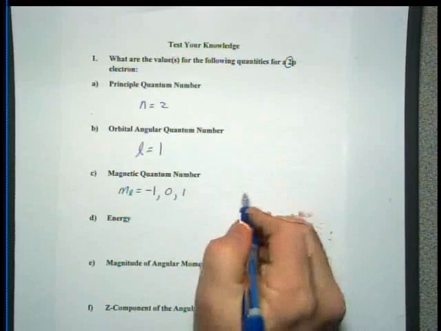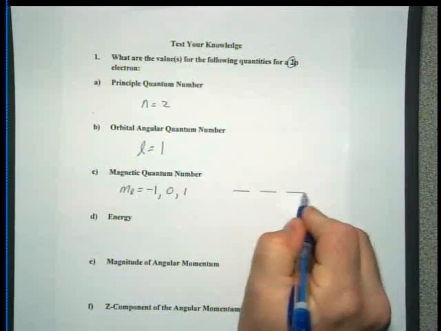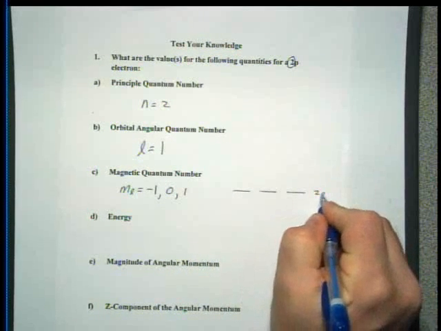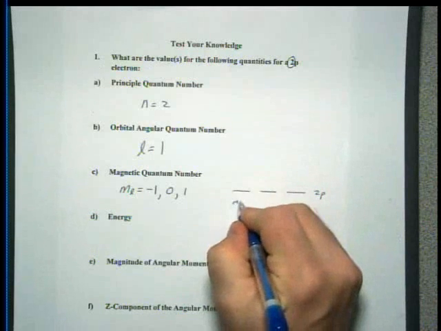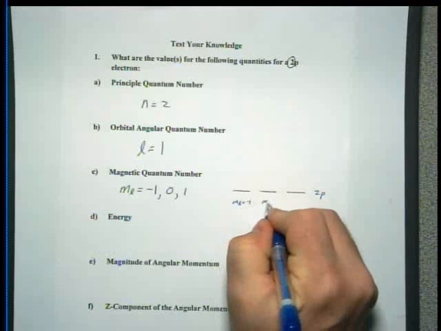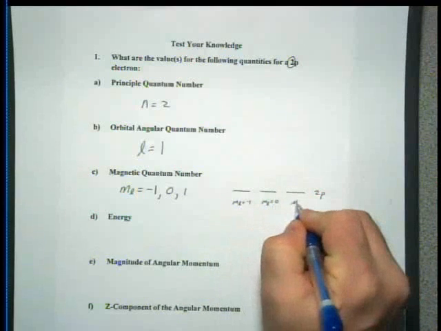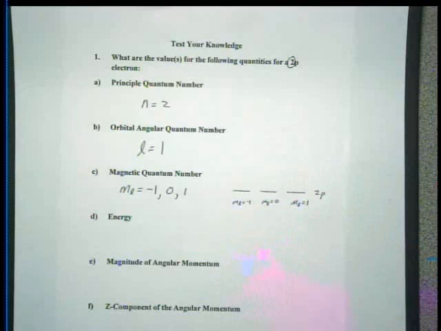So, in the 2p, there are 3 states. One of them is for the ML equal minus 1, one of them is for the ML equal 0, and one of them is for the ML equal 1 state.